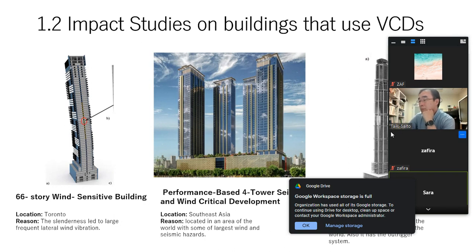The reason is that this building is one of the slenderest buildings. The second and third buildings are located in Southeast Asia. The second is a tower with seismic and wind critical development. The reason is that it is located in a part of the world with some of the largest wind and seismic hazards.